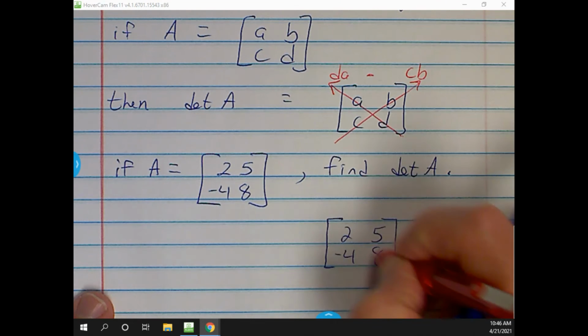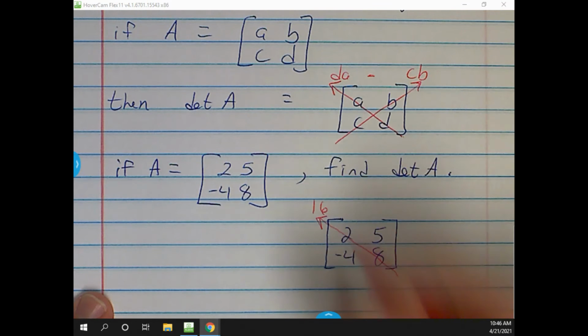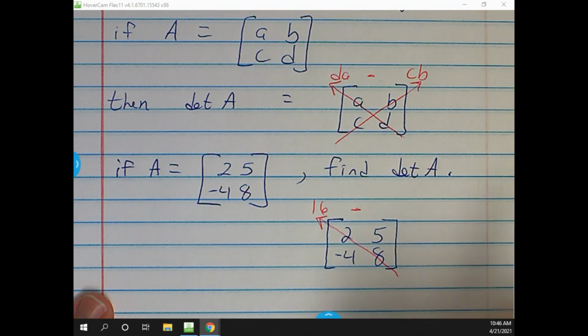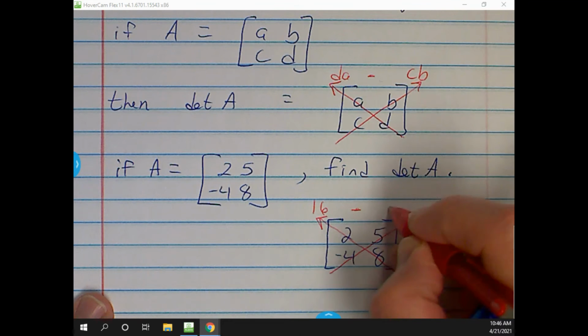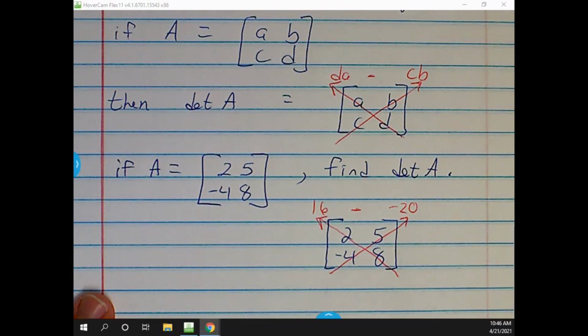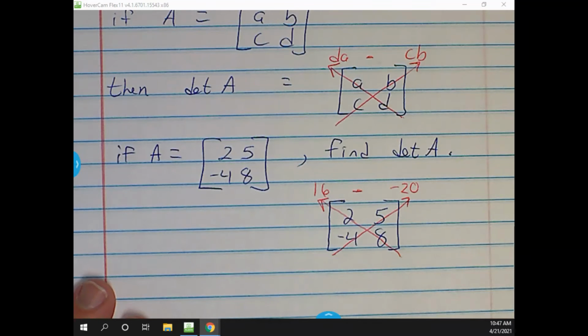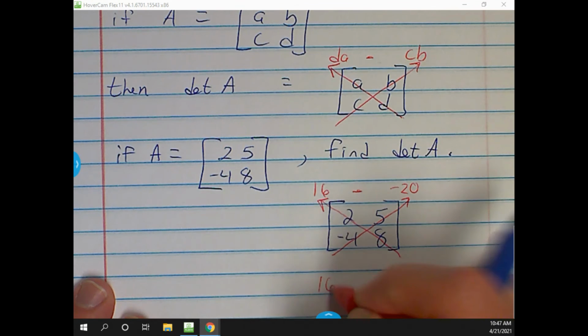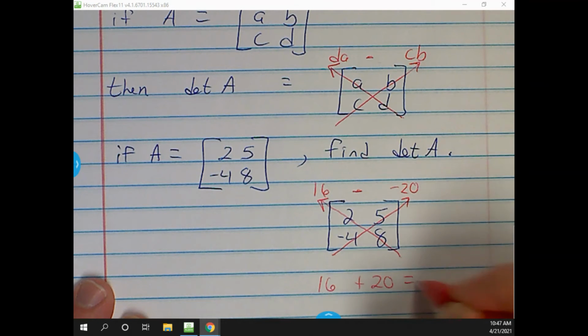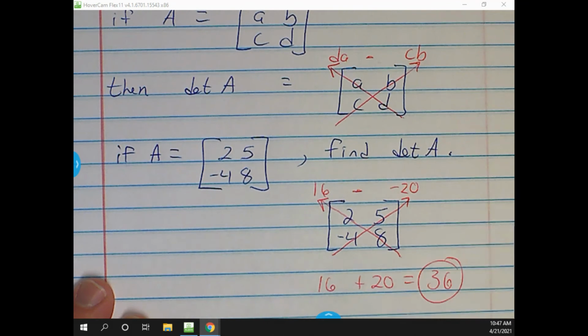It's 8 times 2, which is 16, minus negative 4 times 5, which is negative 20. So 16 minus negative 20 is really 16 plus 20. That's 36.